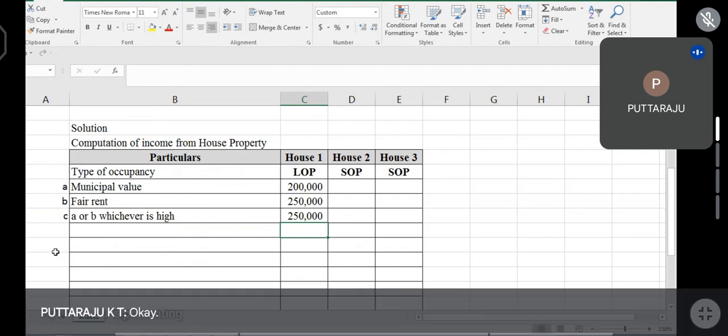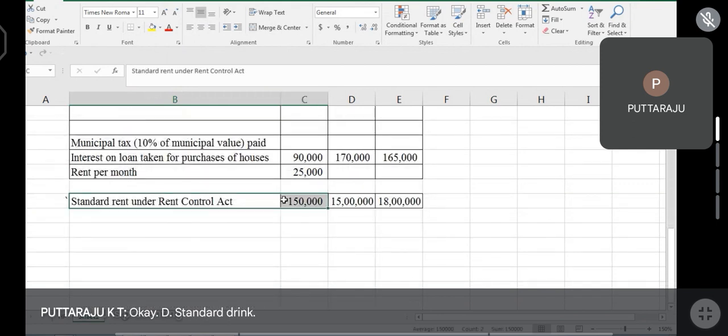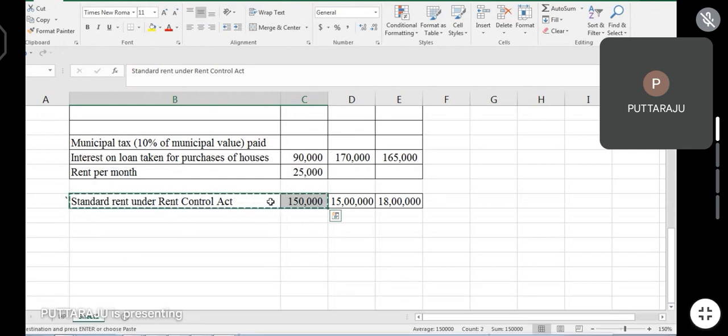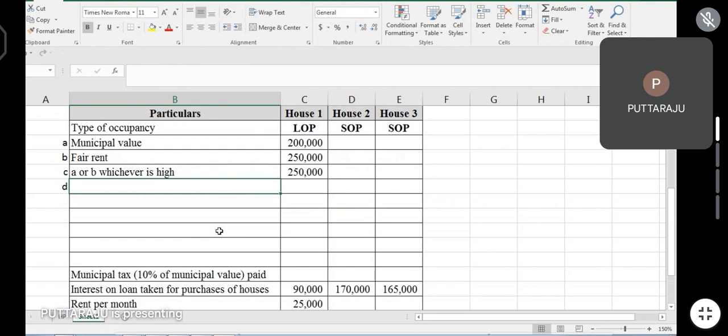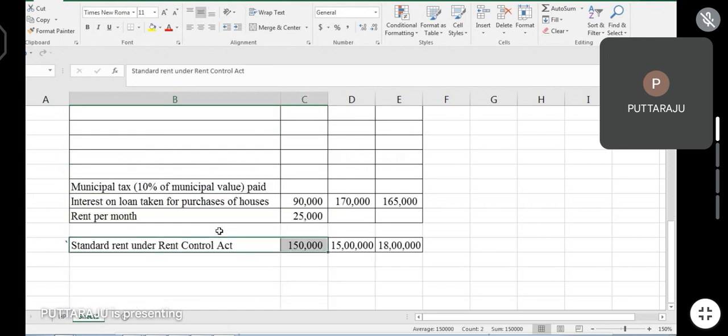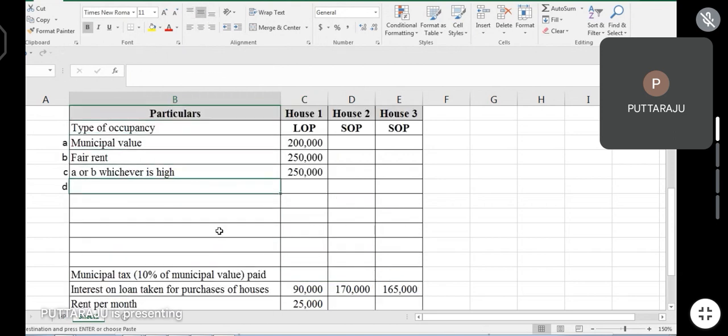Okay. D. Standard rent. Standard rent D.